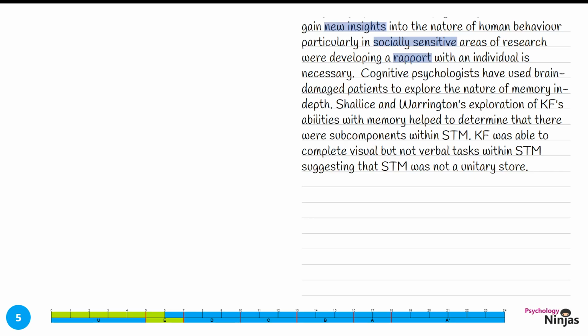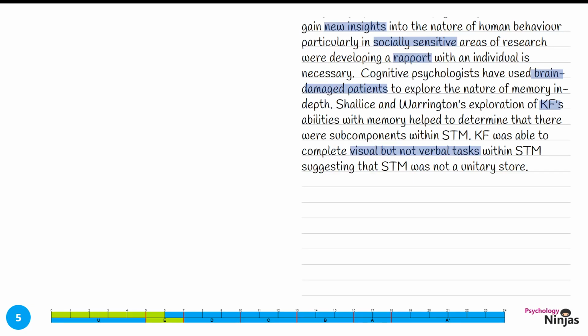Now, it's important to note that cognitive psychologists mainly use nomothetic approaches. However, they have on occasion used these idiographic approaches and case studies, particularly when exploring brain damage patients. We've given a specific example in terms of KF, and we've shown our knowledge by giving specific findings from this piece of research and what it told us about short-term memory.